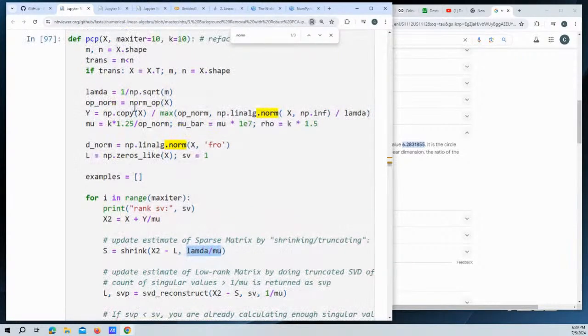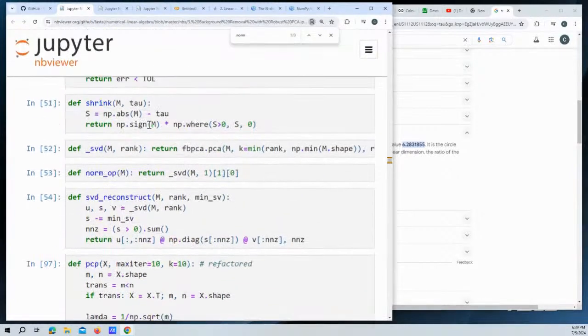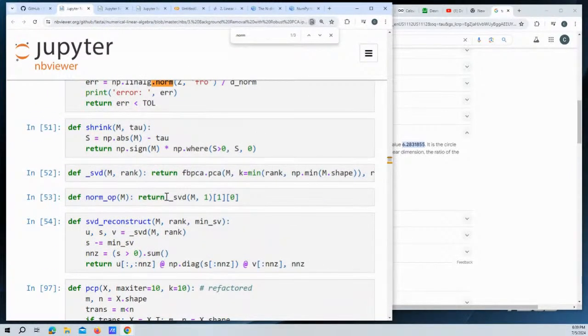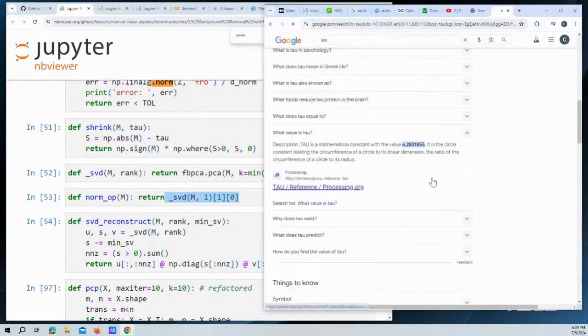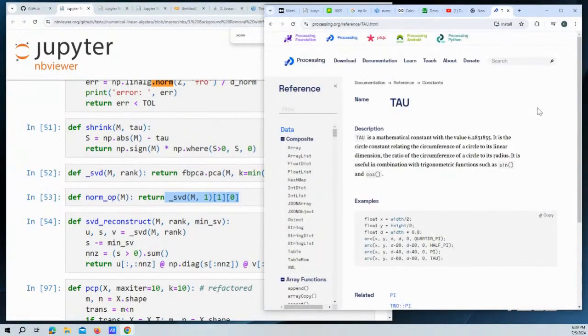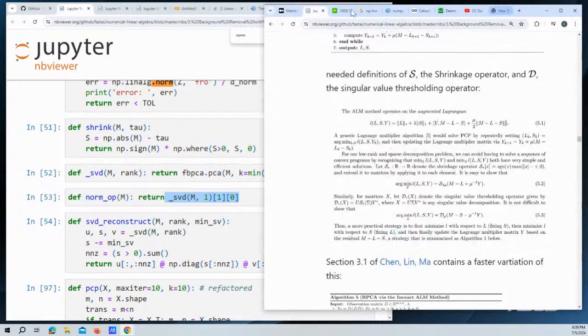So in that case, lambda is just 1 over np squared m, and mu is this over here. A norm up. Yeah, I wish they'd walked me further through, but it's okay.